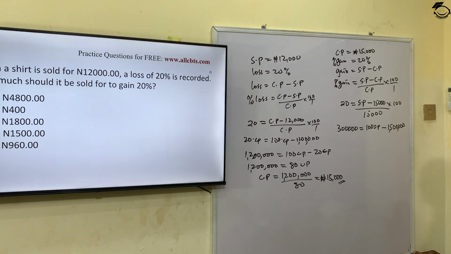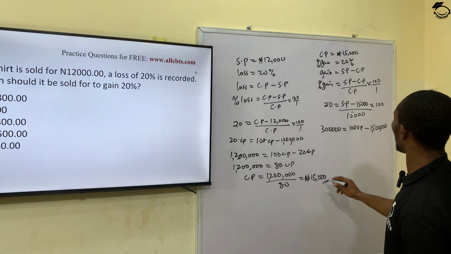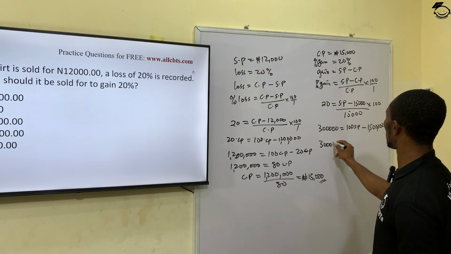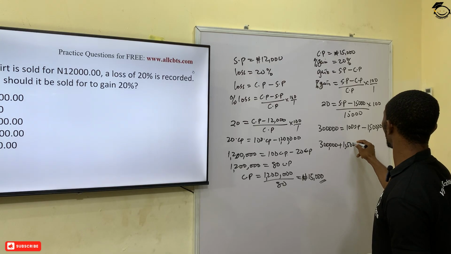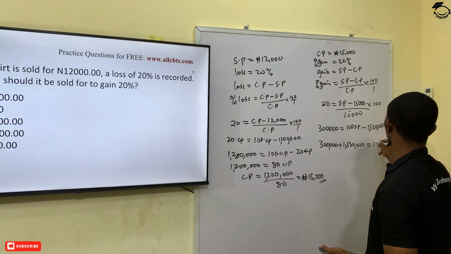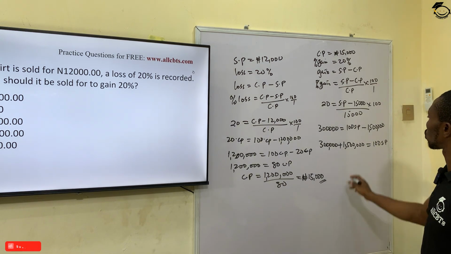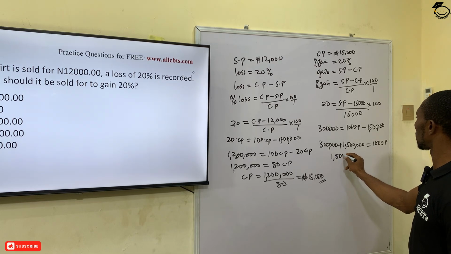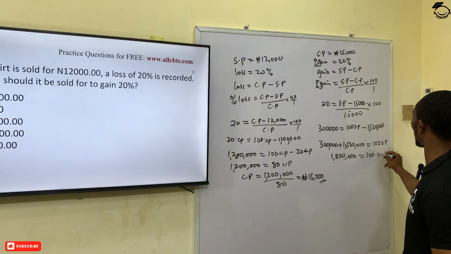Okay, now moving our 1.5 over to this side, we have it as 300,000 plus 1.5 equals 100 selling price. So adding these two together, we have this as 1.8 equals 100 selling price.